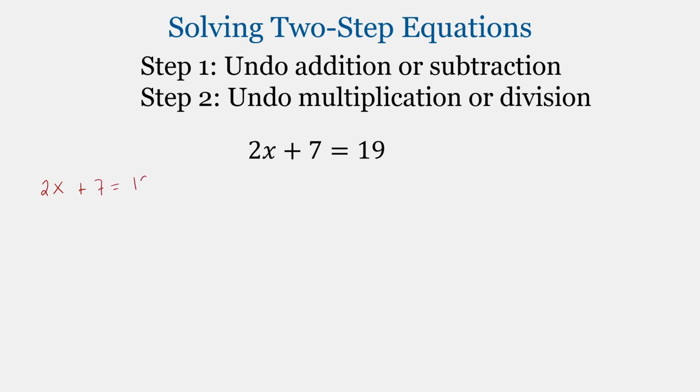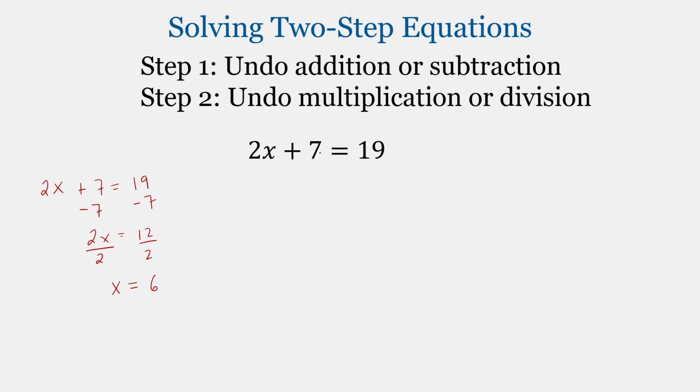The first step we would do is to undo this addition. So we're going to subtract 7 from both sides. We end up with 2x equal to 12. And then, undoing that multiplication, we will divide both sides by 2. And we end up with x equal to 6.